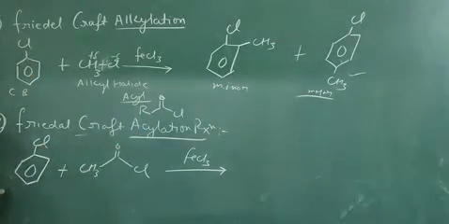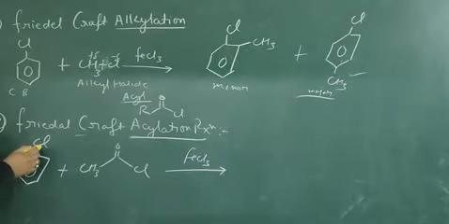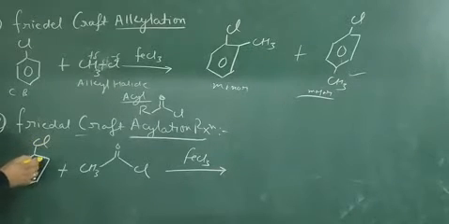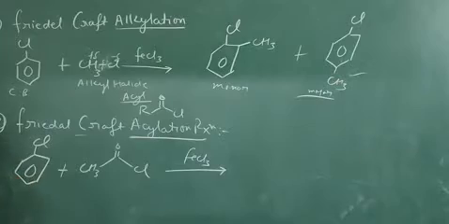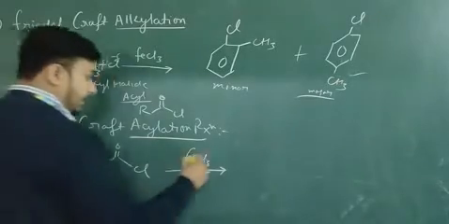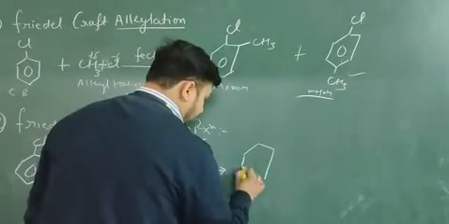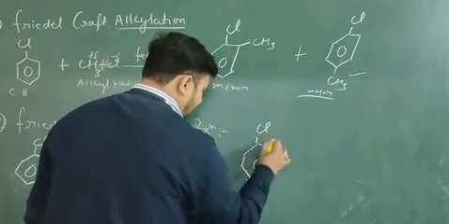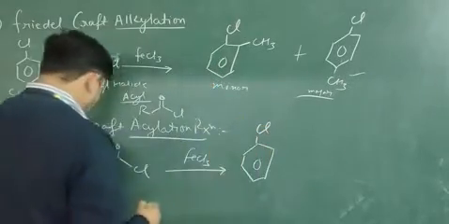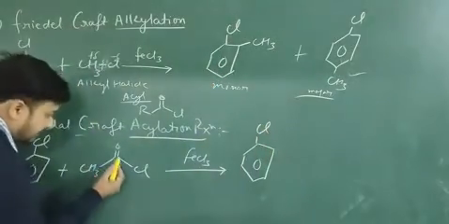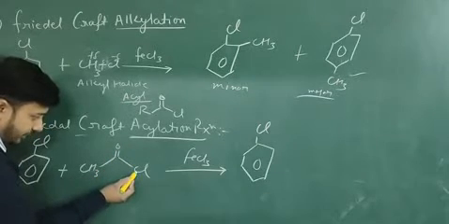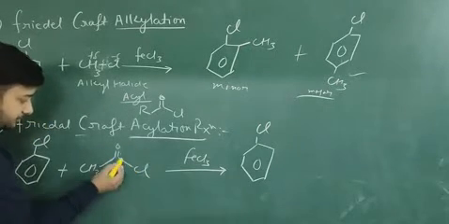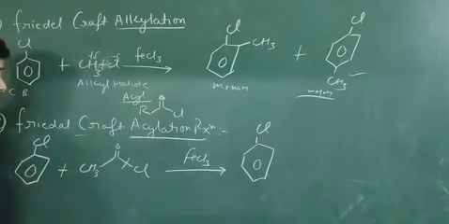In this one, chlorine is attached to the benzene ring. This is the ortho and para directing group, so it will form two kinds of product. The carbon is attached with the chlorine, and chlorine is more electronegative as compared to carbon, so this bond is going to break.